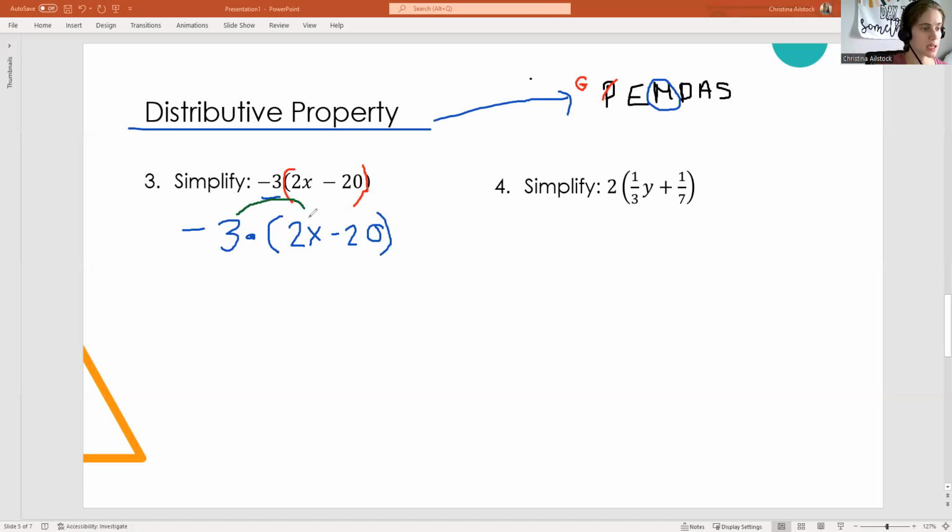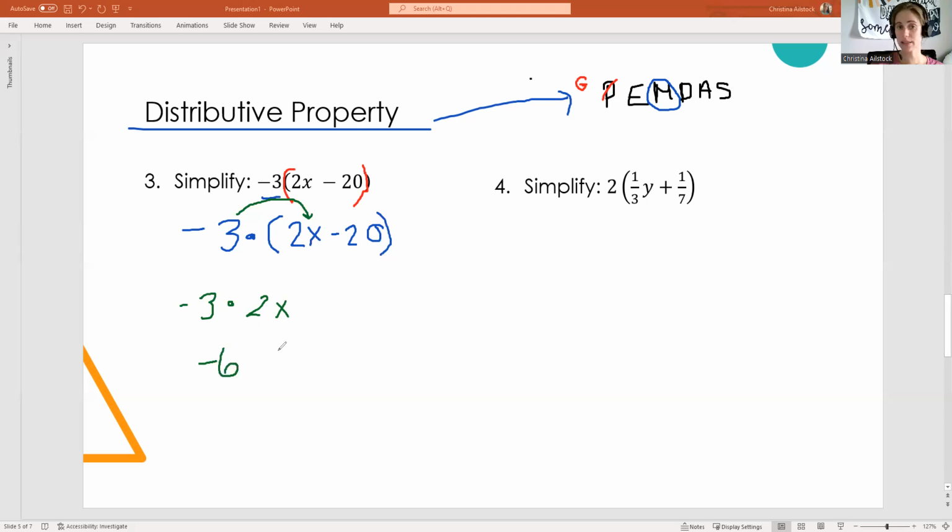We can take -3 and multiply that by 2x. When we have a regular number, like -3, and we're multiplying it by a number and a variable, so 2x, we just multiply the number portion as normal. So -3 times 2 is -6.